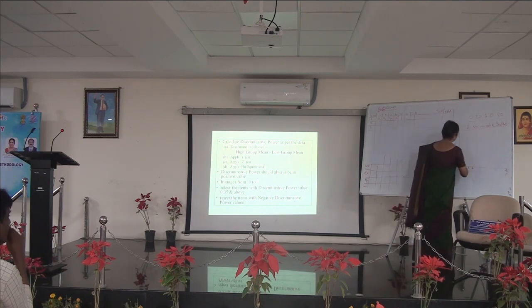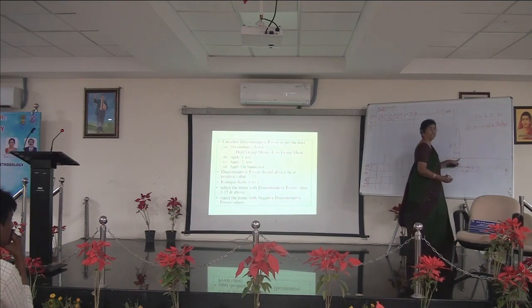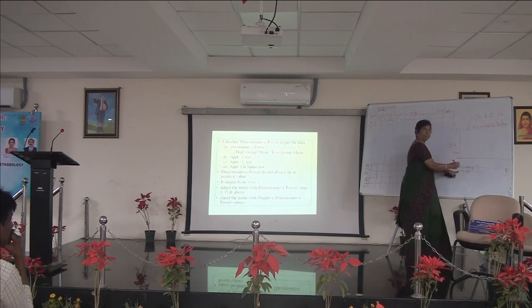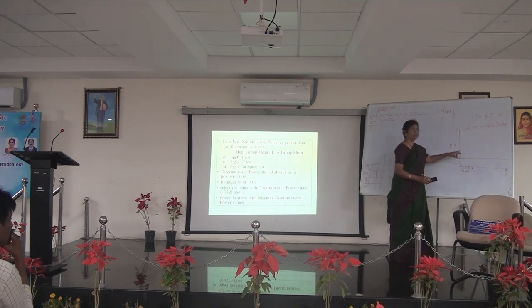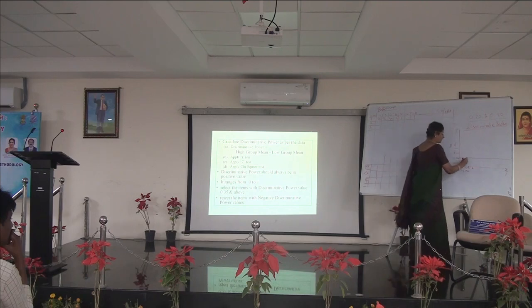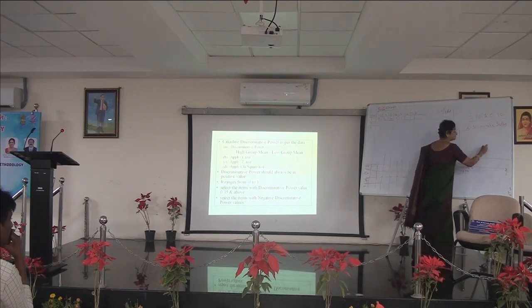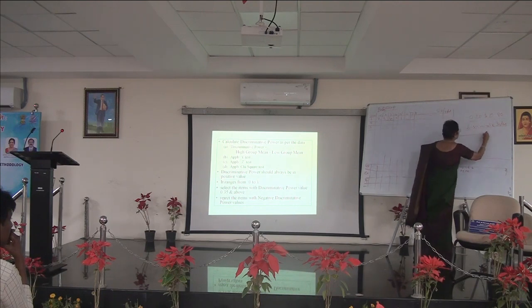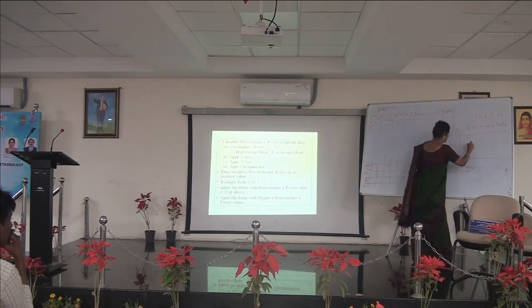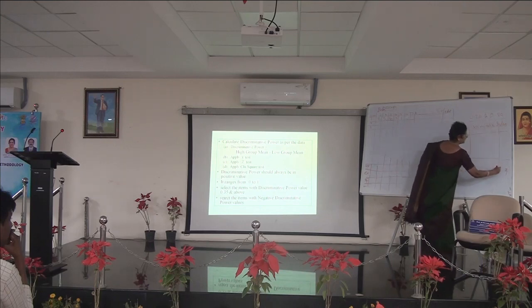Now, for all your 150 students or 150 samples, what is the DP value and what is the DV value? You plot the graph. Now you draw a line at 0.2 and also at 0.8, on both axes.